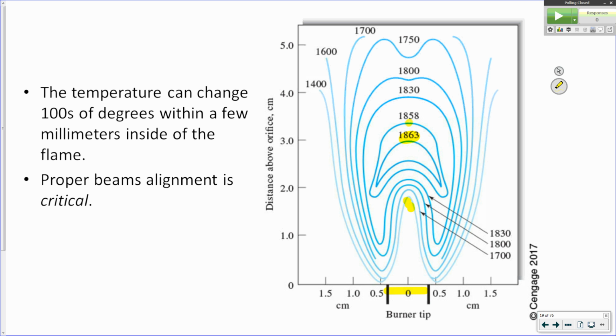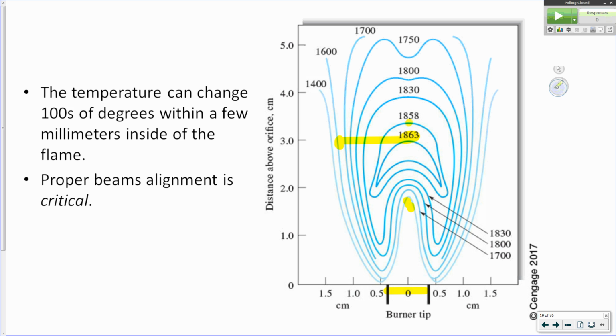So you've got a 500-degree swing in 2 centimeters. Now, if you go out on the radial side of it, the swing is even higher. Going a little over a centimeter in width this way, from dead center, you're dropping 300 to 400 degrees in temperature.